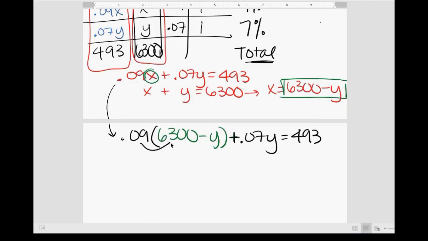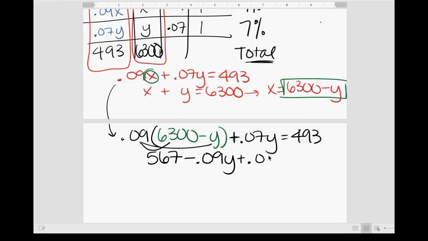Okay, so we're going to distribute that 0.09. Now remember, you're in intermediate algebra, so use your calculator. It's okay. 0.09 times 6,300 is going to equal 567. And then 0.09 times negative y will be negative 0.09y.